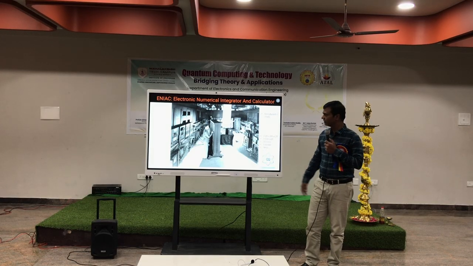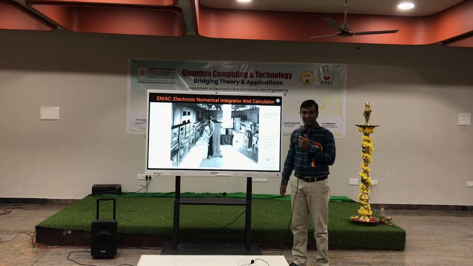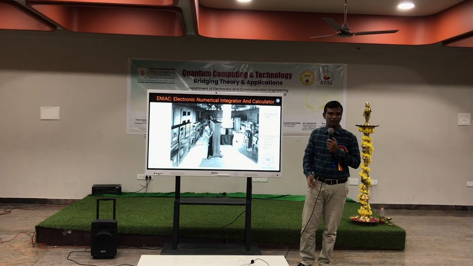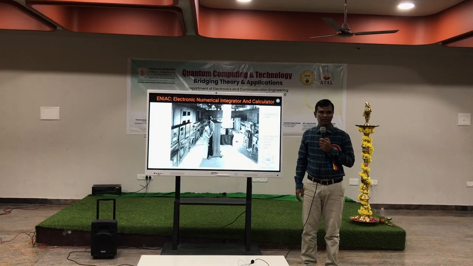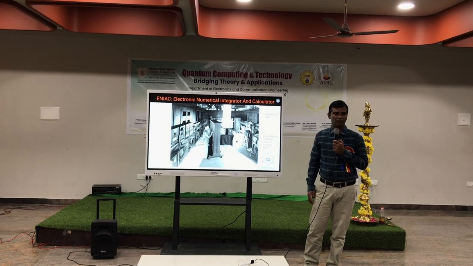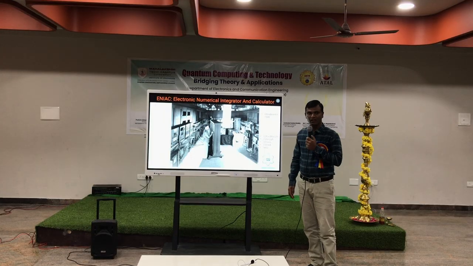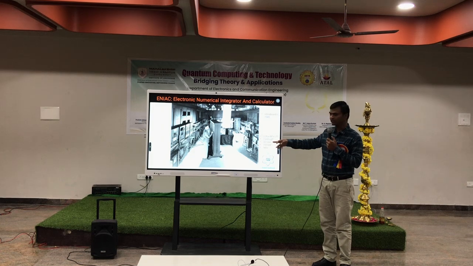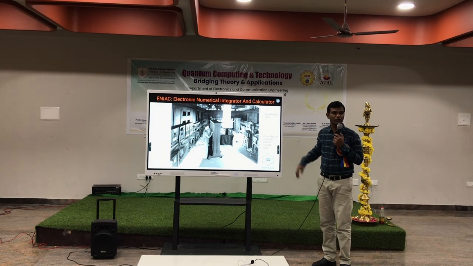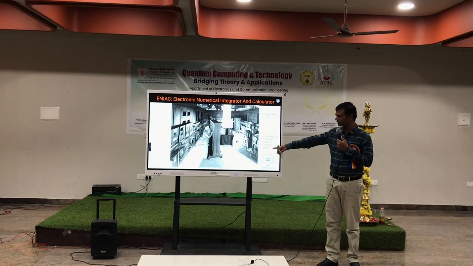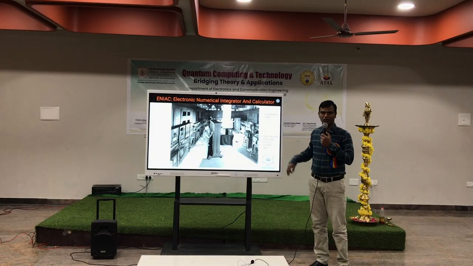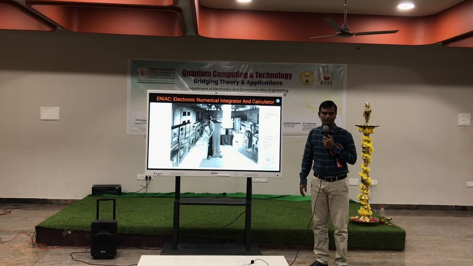At that time, we'll call it ENIAC. These were mainly used for doing basic calculations like multiplications, whatever we learn in elementary school, those type of calculators. And if you see the size, the weight is 30 tons, power consumption is 150 kilowatts, it works on 5 kilohertz, and this is the space required to accommodate that machine.